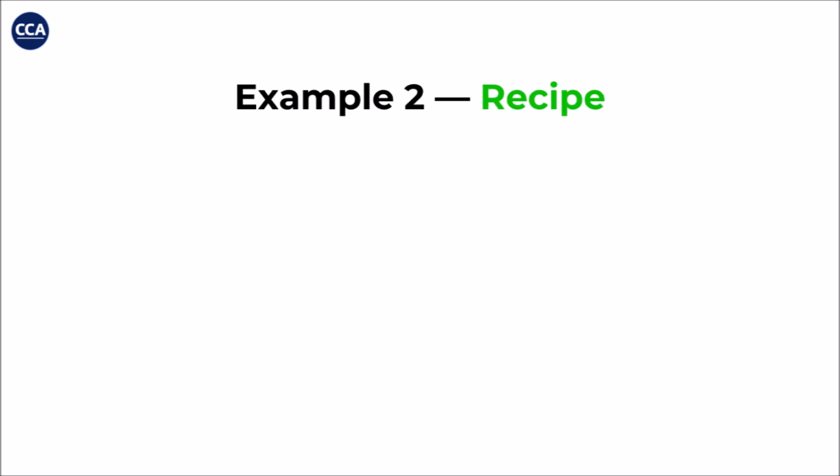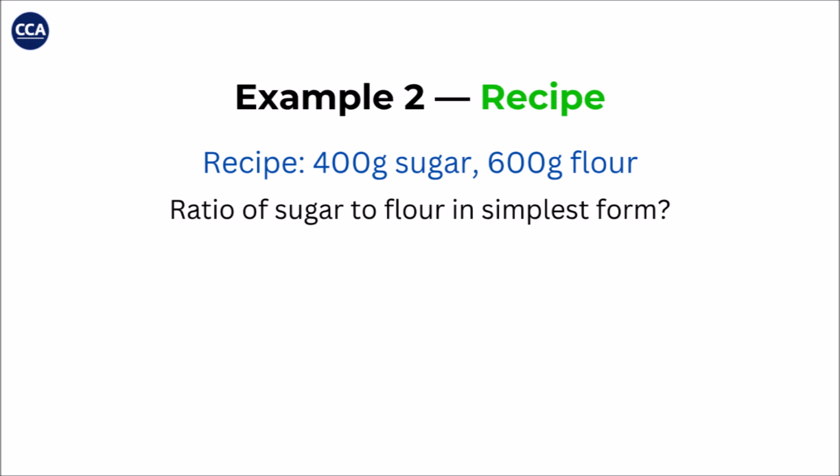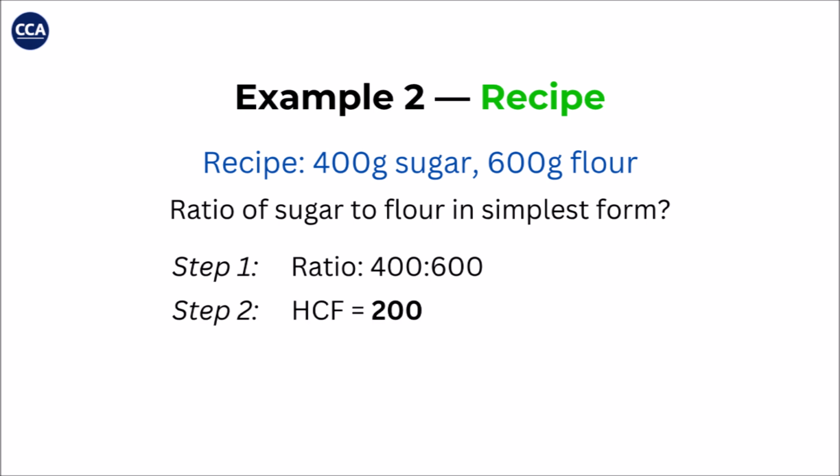Now, let's try a real-life application. A recipe uses 400 grams of sugar and 600 grams of flour. Write the ratio of sugar to flour in its simplest form. Step 1. Write the ratio 400 to 600. Step 2. Find the highest common factor. Both are divisible by 200.